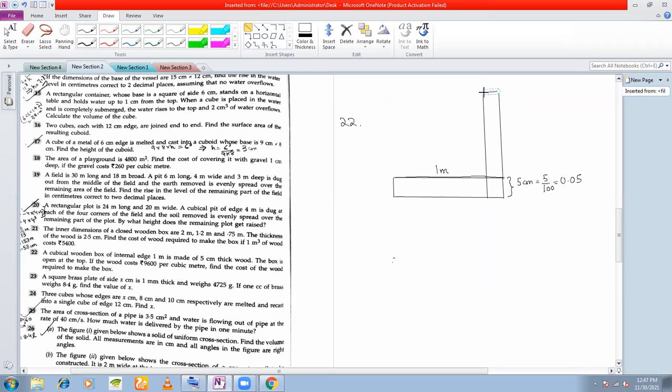Another edge. Suppose you are looking at the box from the top. This is how it will look like.